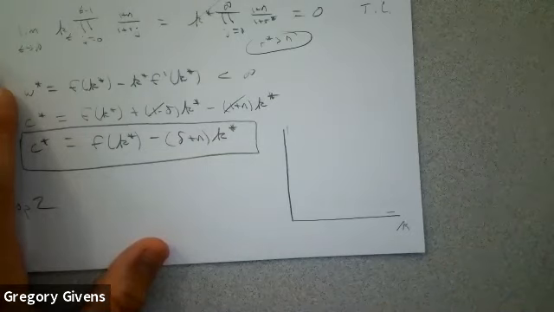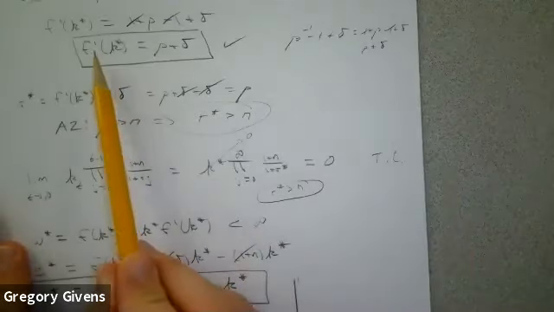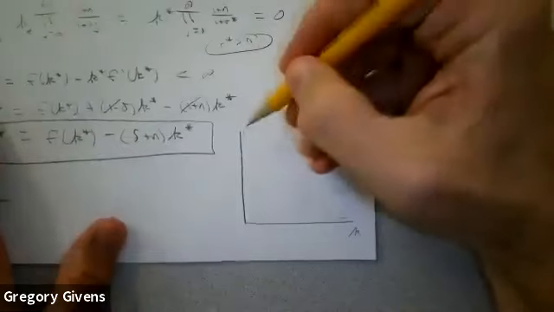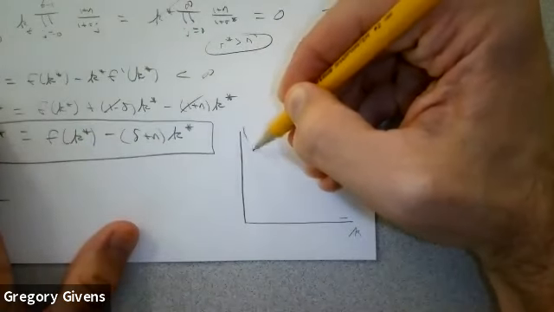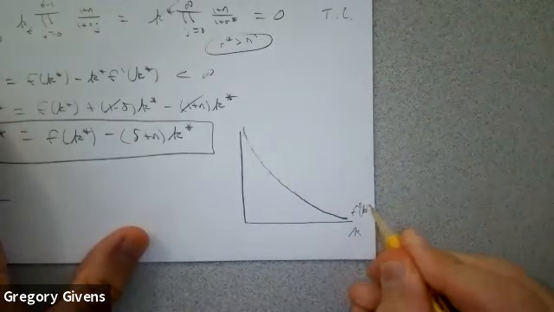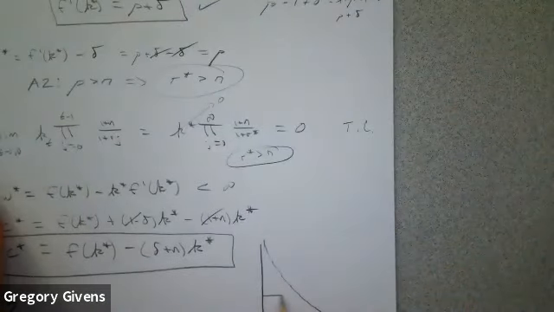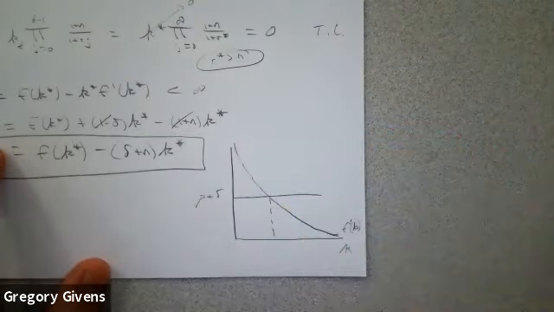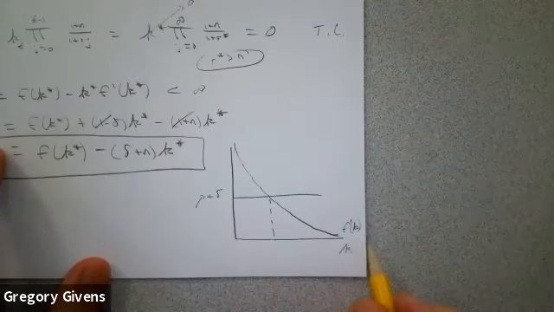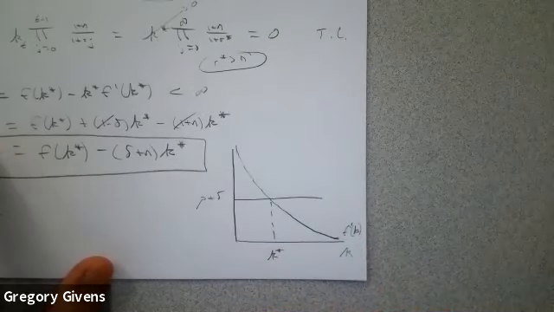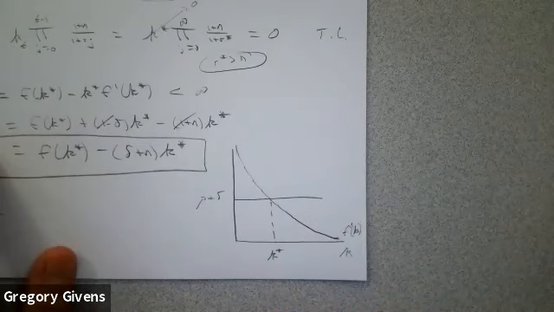We also know that it's continuous, and because f double prime is negative by assumption, it's strictly concave, so the graph of f prime is strictly decreasing. Rho plus delta is just some positive number. So just like Tavoy said, by the intermediate value theorem, there must exist some k star between 0 and infinity such that f prime of k star is equal to rho plus delta. The proof is exactly the same as the Solow model. In fact, it's even easier, really.